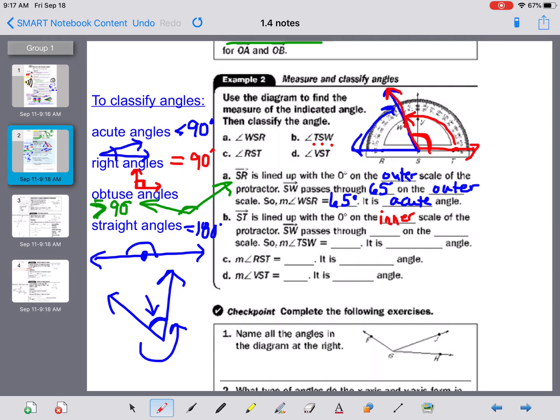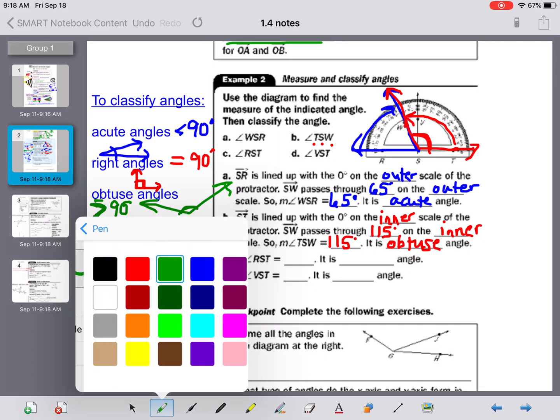And it looks like it goes to about 115 on the inner scale. So that means my angle is 115 degrees. What kind of angle is 115 when I classify it? Looks like that's obtuse.